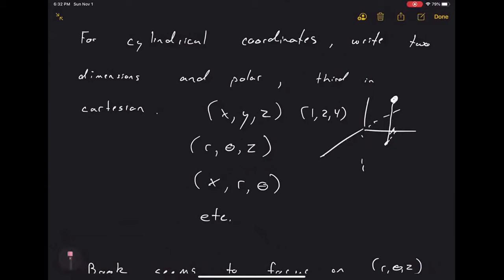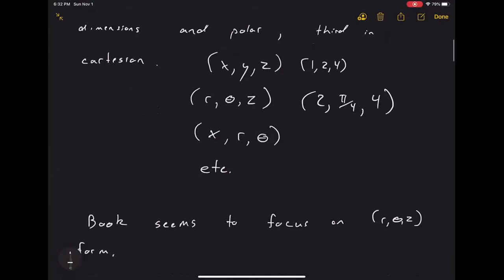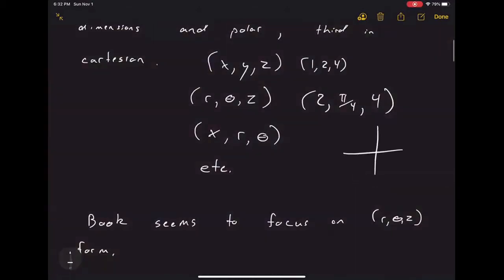Okay. What about a point in cylindrical coordinates? What would 2, pi over 4, 4 be? Well, now my x and y are in polar coordinates. So let's look at the pi over 4. I have an angle of pi over 4. I'm always measuring that from my positive x-axis.